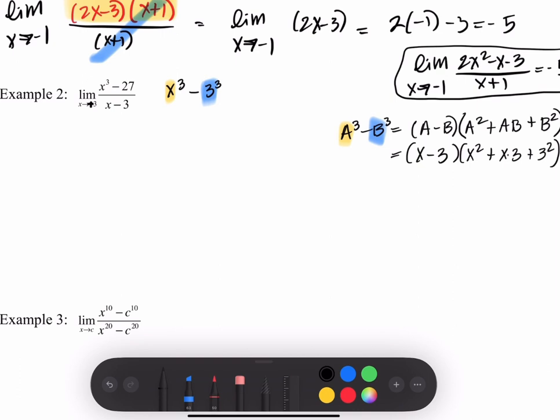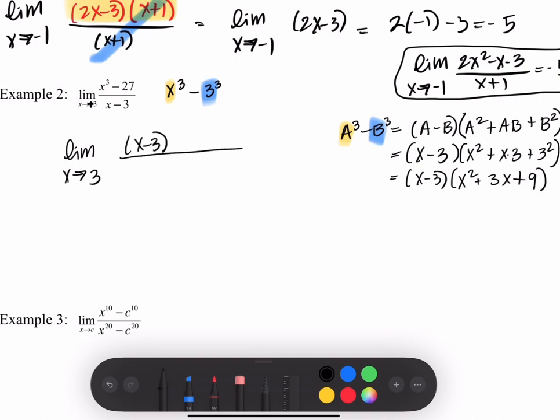There we go. And now I can simplify a little bit. x squared stays the same. x times 3 is 3x, and then 3 squared is 9. Okay, so that's my difference of cubes. So that means that x cubed minus 27 is now going to be rewritten into all of this that I just stated down here.